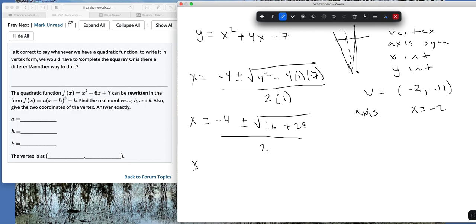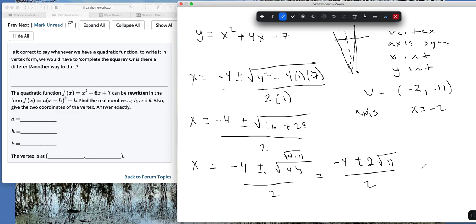I would try to pick something on the exam that didn't, and it would be a little bit easier. It'd stop right here. But since I just made this one up on the fly, this comes out to the square root of 44 over 2. Let me go ahead and finish this out. Negative 4 plus or minus, this is a 4 times an 11 under there, so that comes out as 2 root 11, and then over 2.